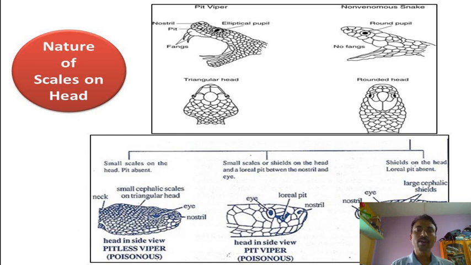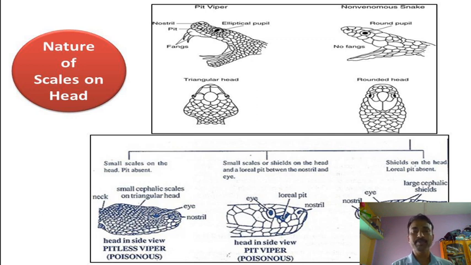If the head of the poisonous snake is more or less triangular in shape, then consider that it is poisonous. If they have fangs, that is poisonous. If it's a rounded head, we call it non-poisonous. So this is the nature of the head.